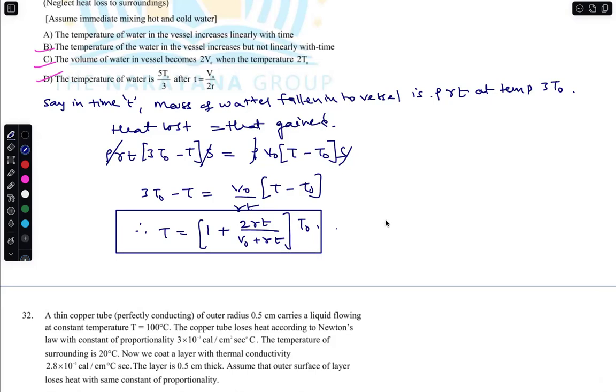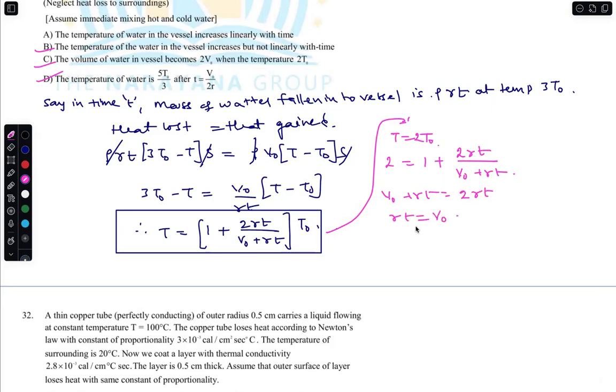Now I'll go in a reverse sense. What if I place 2T naught in the place of T? I get 2 is equal to 1 plus 2Rt by V naught plus Rt. So V naught plus Rt is 2Rt. So Rt is V naught. So t is V naught by R.